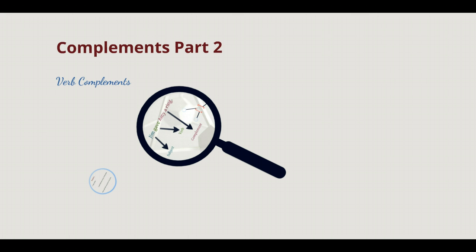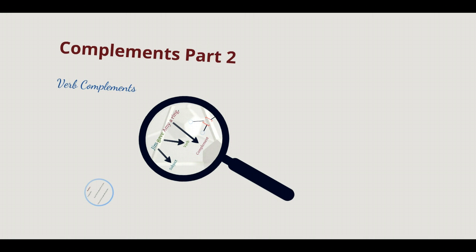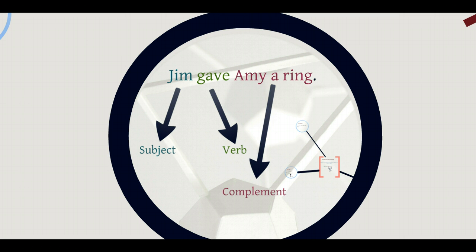Let's go back to our sentence from last week that we had demonstrating the complement. We use our microscope to zoom in, or magnifying glass, I guess this is. We see Jim gave Amy a ring. Remember, Jim is the subject. The subject always does the action.